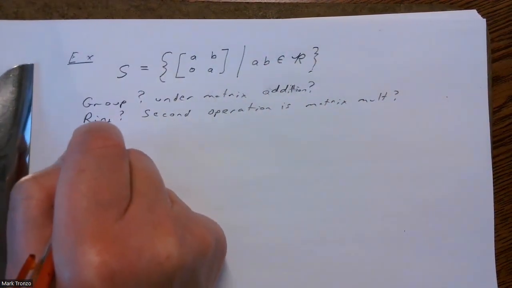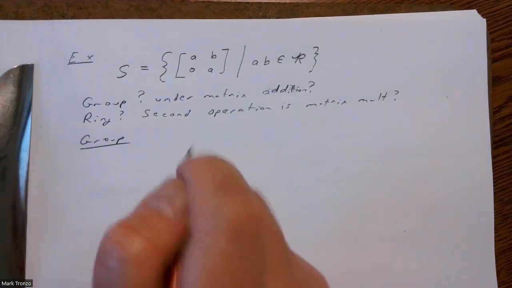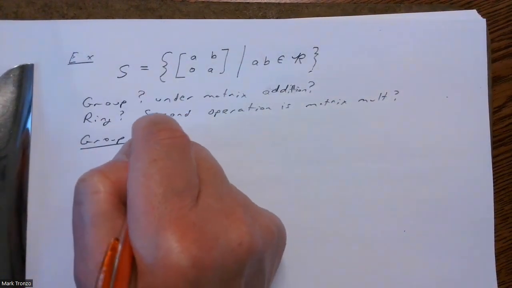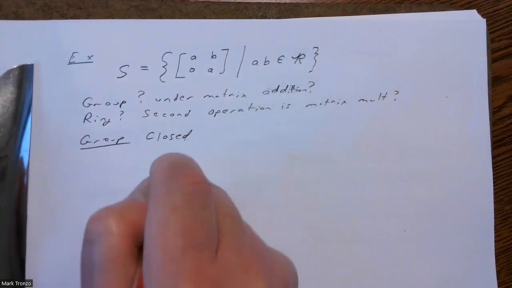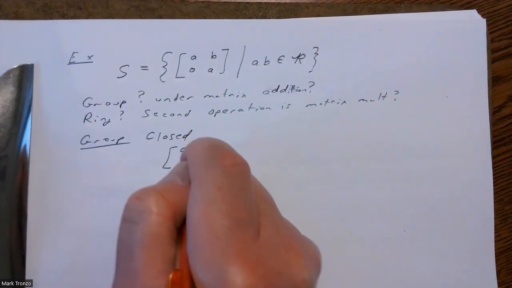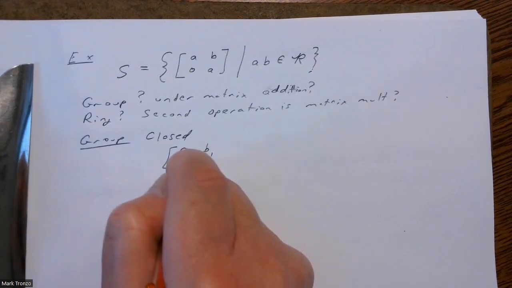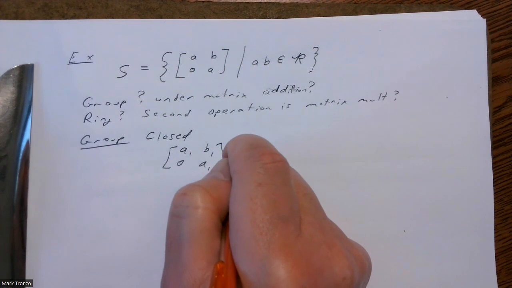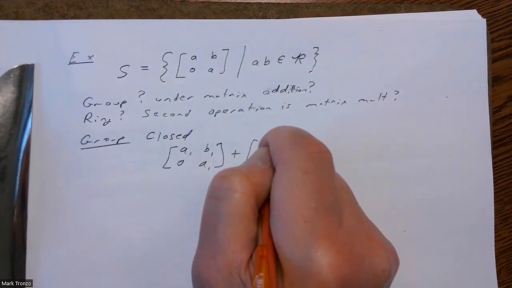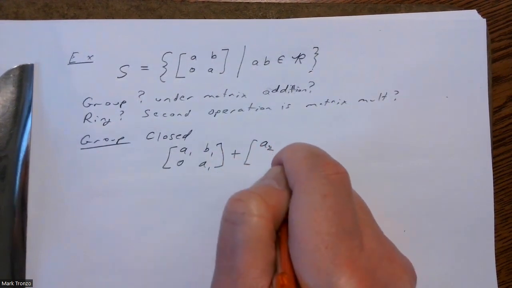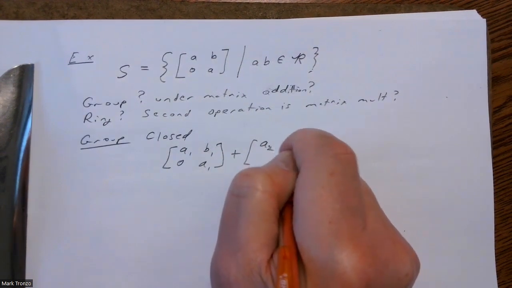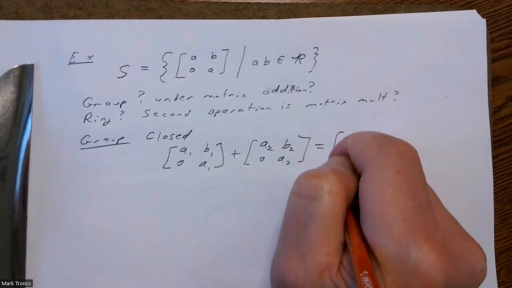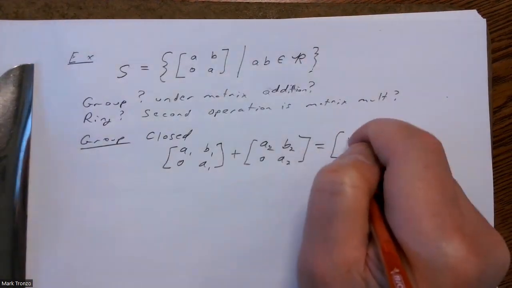Again, maybe we'll go through quite as slowly this time. Again, closure, I think we can see it's closed. If you pick two typical matrices, let's say two like that, and you add them together, remember you add them together component by component.